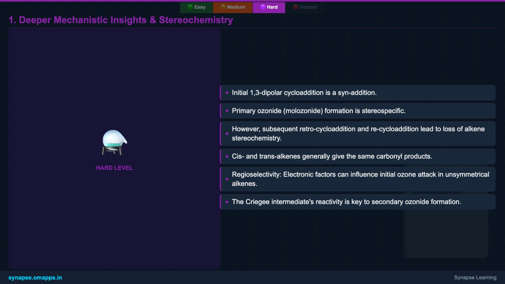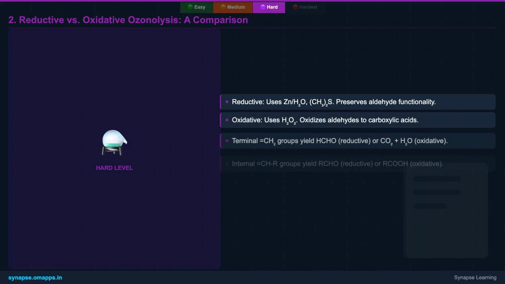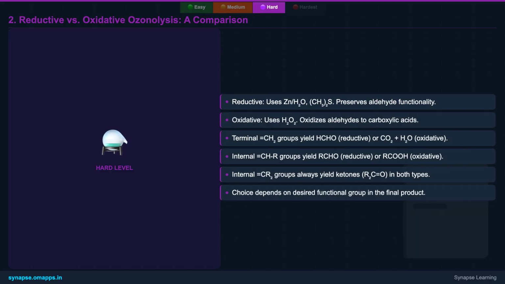Nevertheless, the relative stereochemistry of the oxygen atoms within the secondary ozonide can be influenced. The regioselectivity, or where the ozone attaches in unsymmetrical alkenes, can also be influenced by electronic factors, though the bond cleavage itself is complete.